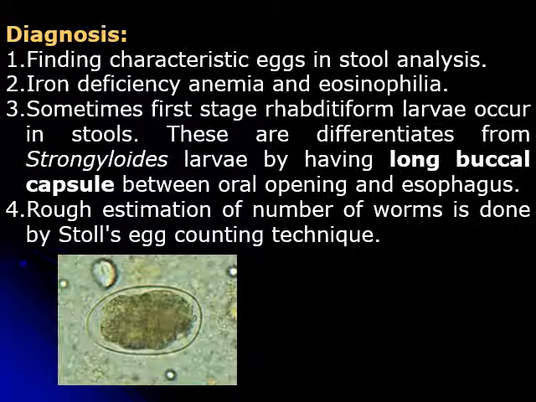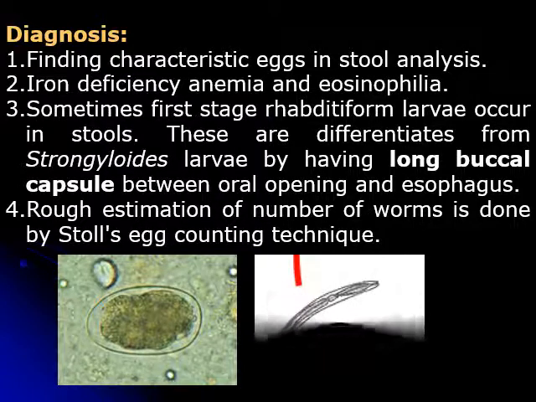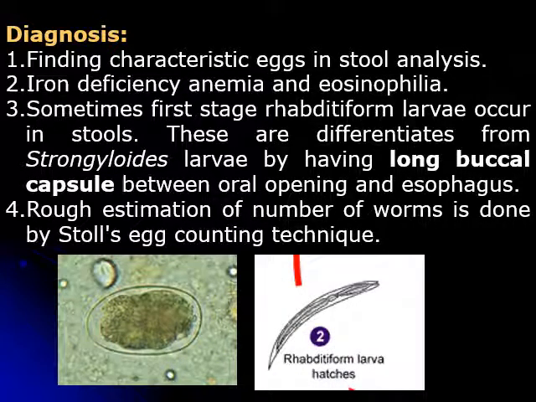Here is also the picture of the egg, and this is the rhabditiform larva of Ankylostoma or hookworm. We see this part, this is what we call the buccal capsule, which is long here.